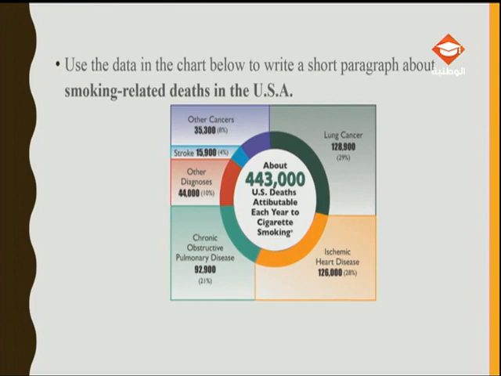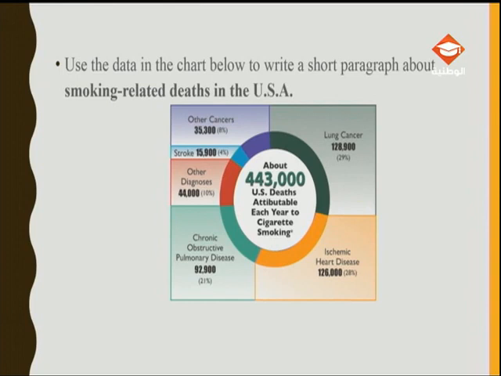But these deaths, of course, have different reasons. What about the first cause of death related to smoking? We have lung cancer in 29% of the cases, or 128,900 people die every year because of cancer.